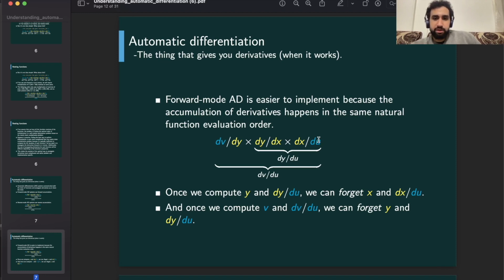But ignoring all these details, the idea here again is that you can easily forget about everything that happened in the past and just remember what's happening right now, and that's really convenient when you're trying to implement these things, right?